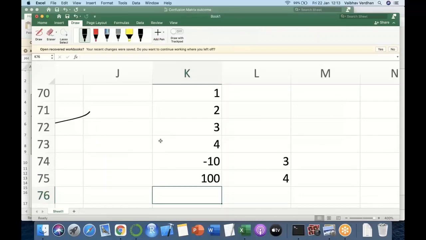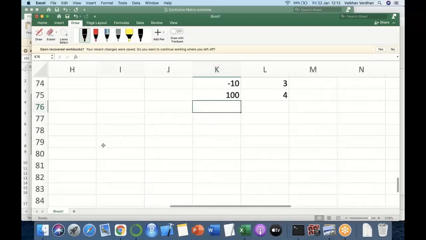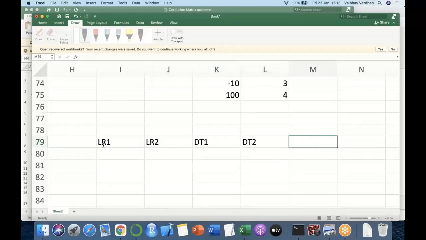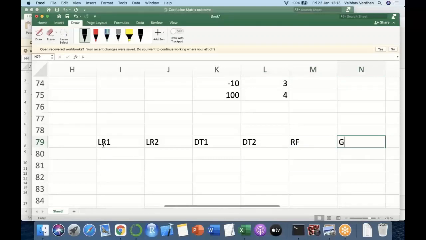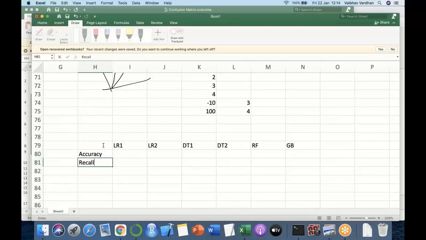Now one question that comes to our mind is how will I choose the best model? The way to do that is quite simple. Let's say you have your logistic regression as one iteration, LR2, decision tree 1, decision tree 2, random forest, let's say gradient boosting, right? You take different KPIs, let's say accuracy, recall, precision, right?